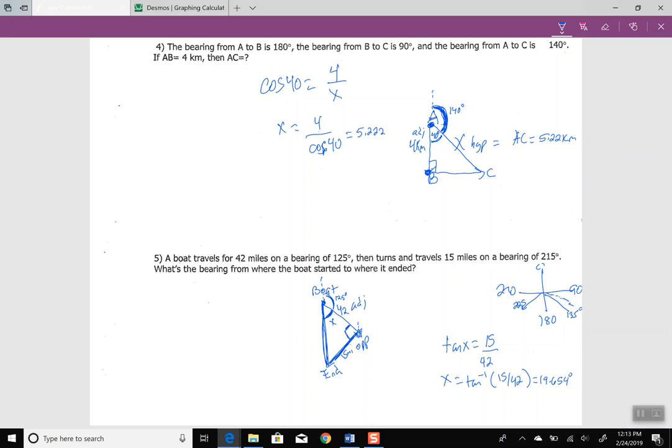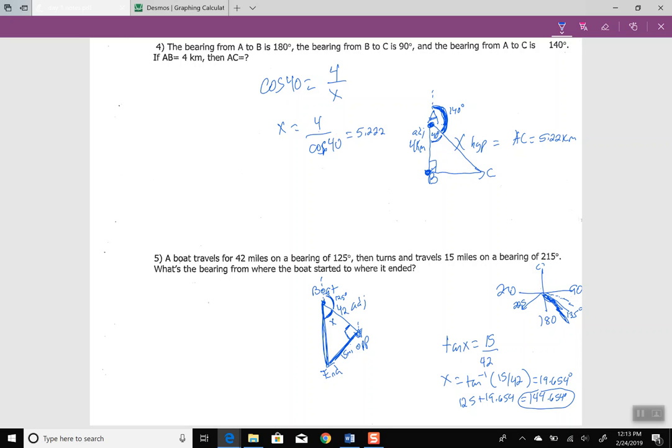And if I add that to my 125, that's going to put us at 144.654 degrees. So that boat's traveling somewhere right around here.